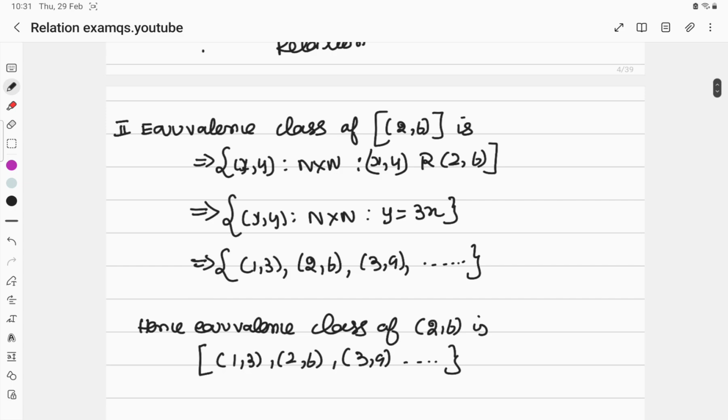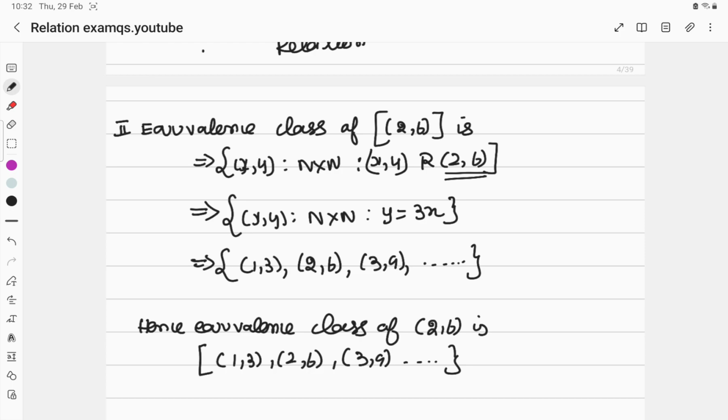Second part. We have to find the equivalence class of (2, 6). Here (x, y) belonging to N cross N, then (x, y) related to (2, 6). That is, (x, y) such that y = 3 times x.